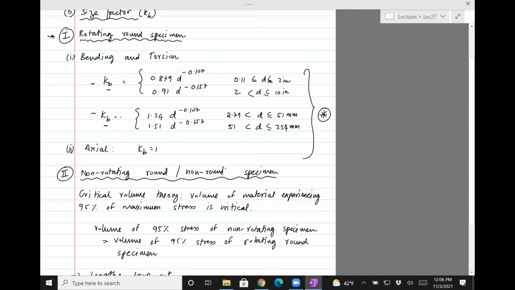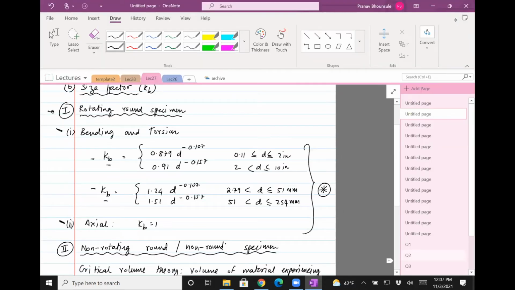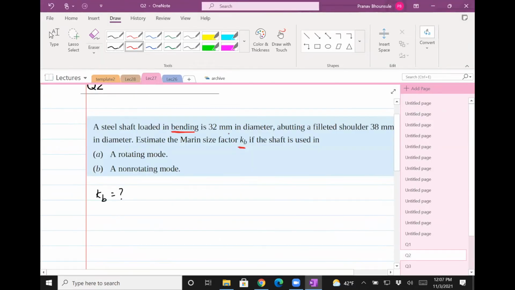It really depends on the choice of units, right? So if you have IPS, then use the top one. If you want SI, use the bottom one. So in this case, I forgot to say this, but we need to identify which mode it is: bending, torsion, or axial. I think it is bending. Let's go back. So bending, and we have 32 mm diameter.